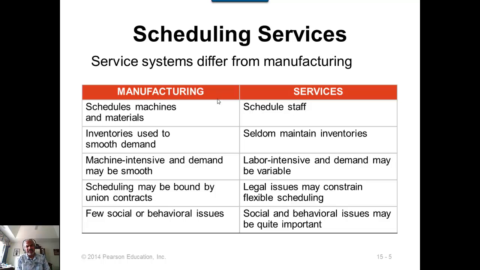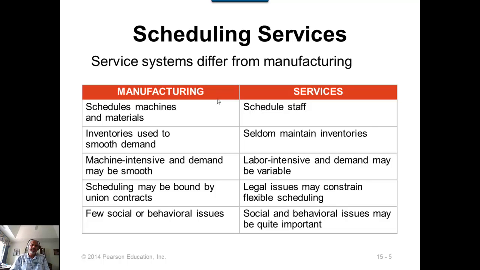In manufacturing, scheduling is machine intensive, and the demand generally tends to be smooth because from MRP computations you have jobs coming in, and you can control the inflow of jobs to make sure that there is a steady flow. That's not so in service, because customers can come in at their own preferred times, so the demand may go up and down depending upon seasonality, day of the week, or hour of the day effects.